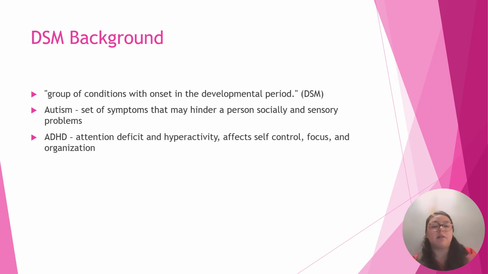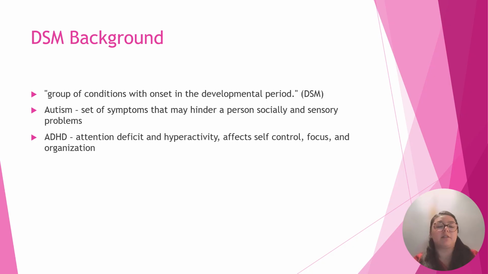The quote here from the DSM to keep in mind is that neurodevelopmental disorders are a group of conditions with onset in the developmental period, and that's the reason we see it diagnosed mainly in children, but these diagnoses may have been missed. So that's not to say that it's limited to children.